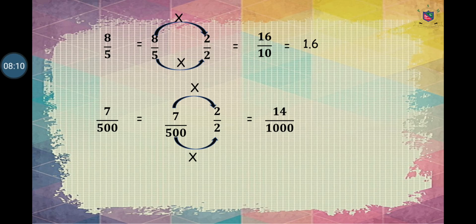Dear students, we have 3 zeros in the denominator. So with the numerator 14, after the decimal point, there must be 3 places. We have only 2 digits, so we can put 0 ourselves to make 3 digits. So our answer will be 0.014.